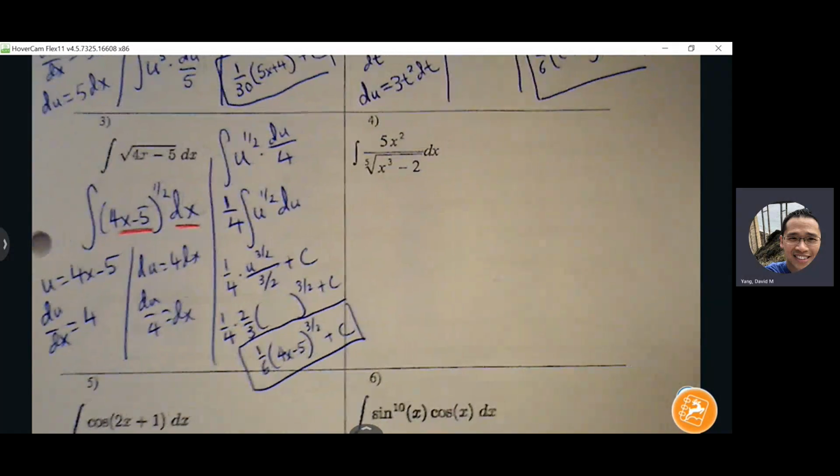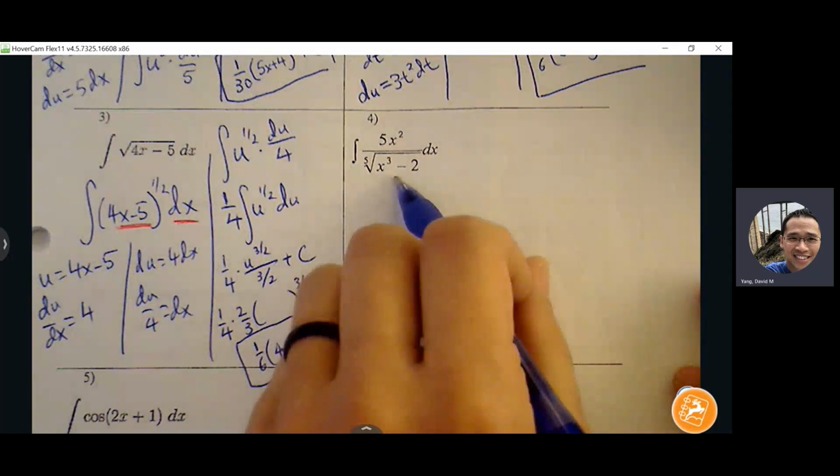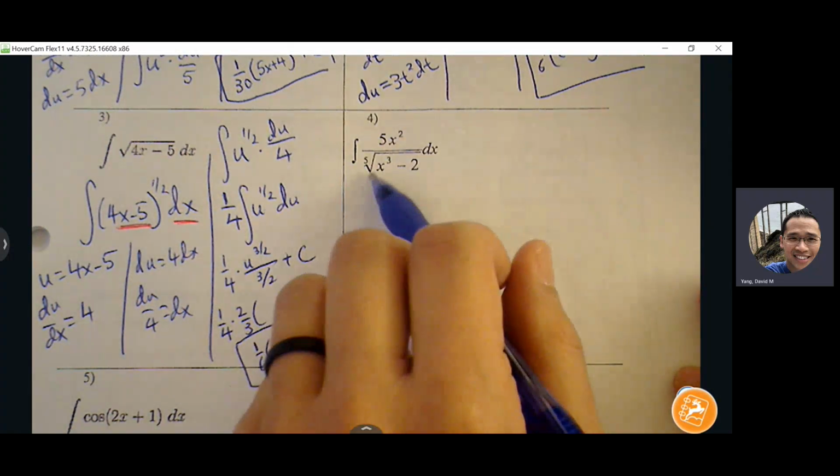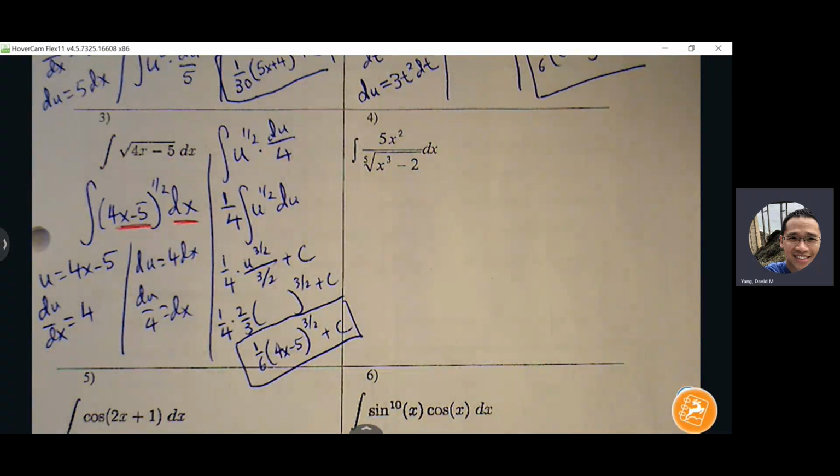Okay, number 4. No way to expand this out. This is kind of stuck the way that it is because of square root and addition, subtraction inside the radical.